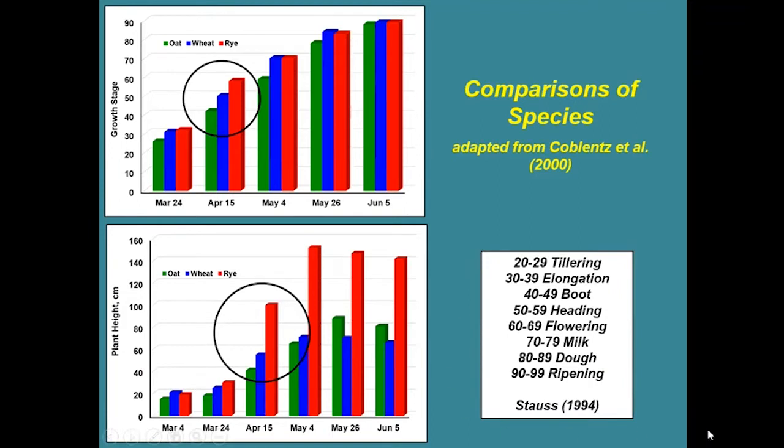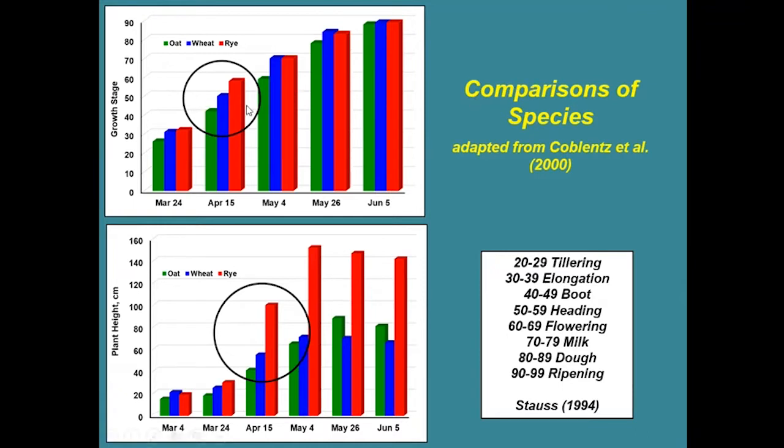The key for the growth stage, and that'll be consistent throughout all these slides, is in your lower right-hand corner here. You'll notice that when you get to this key point of utilization, in many cases, the growth stage for rye is going to be well ahead of wheat and oat. And this is a difference of the beginning of flowering compared to the very beginning of boot within this particular range.